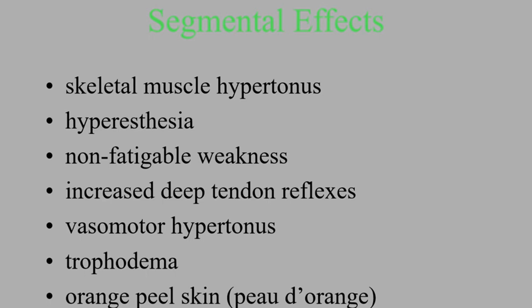There's increased tone in the blood vessels, and this leads to the next effect, trophedema. There's an increase in interstitial fluid within and under the skin, and this can actually be demonstrated with a small object: you can poke the skin and you'll see pitting. And there also seems to be an atrophic change in the skin. The skin takes on the appearance of an orange peel when it's bunched up.